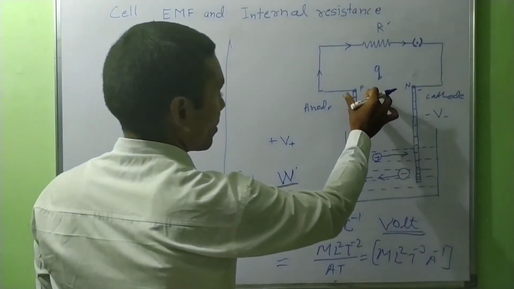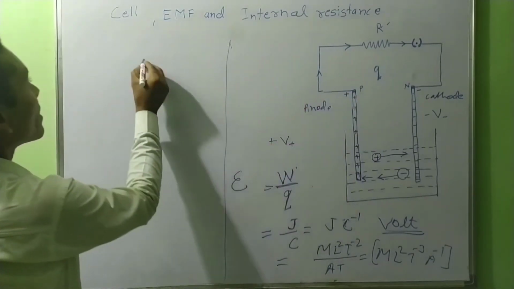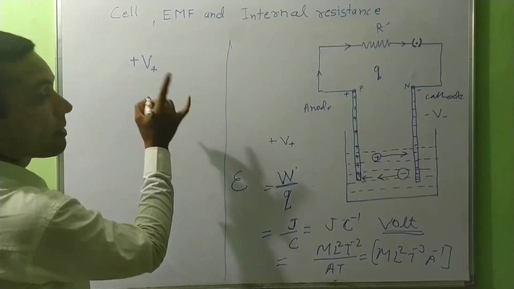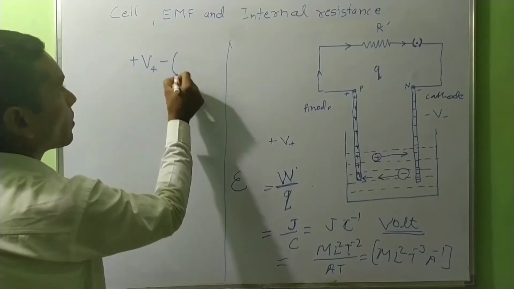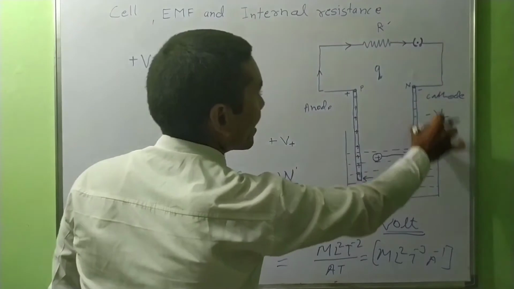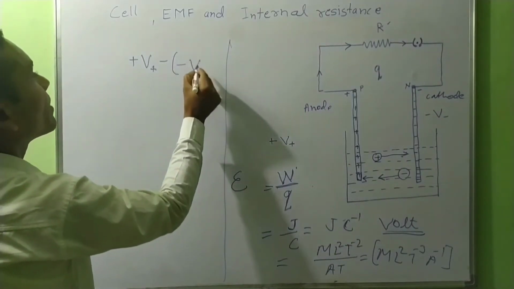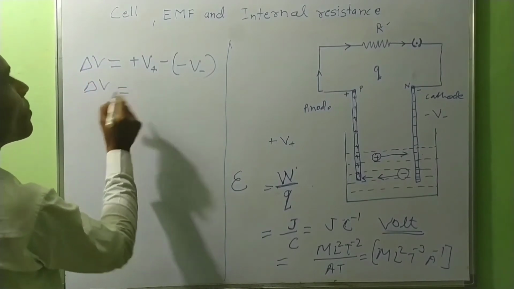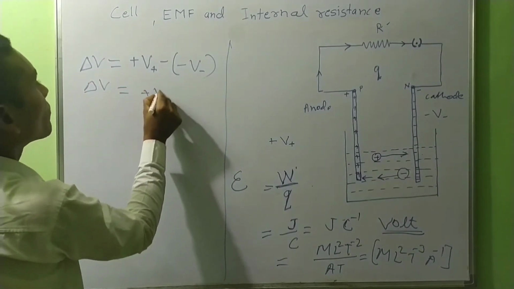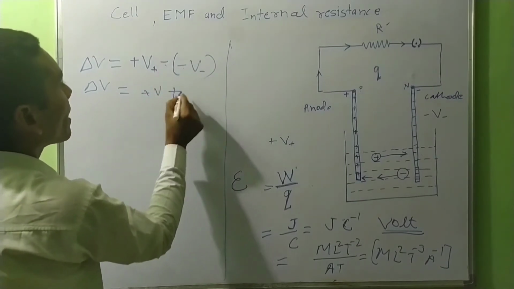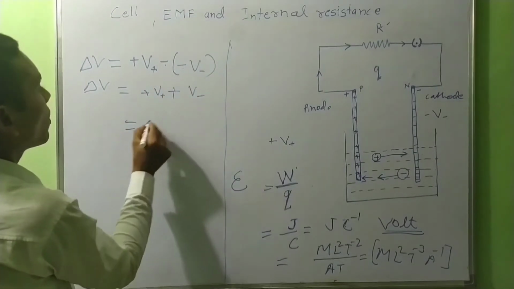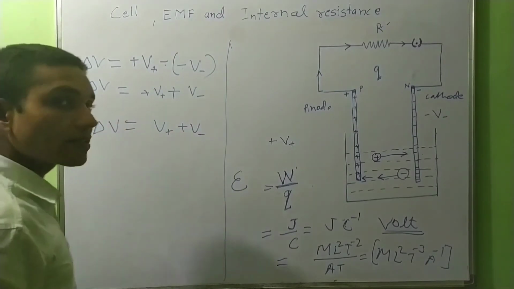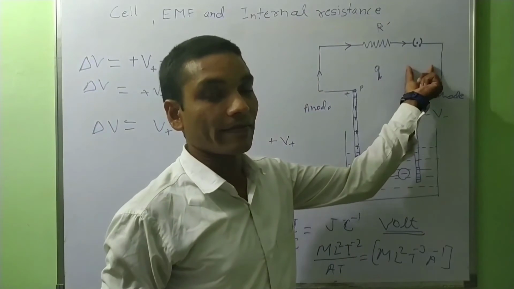The potential of the anode is plus V plus, and the potential on the negative electrode is minus V minus. So the potential difference will be delta V equals plus V plus minus (minus V minus), or V plus plus V minus. This is the potential difference in the open circuit.